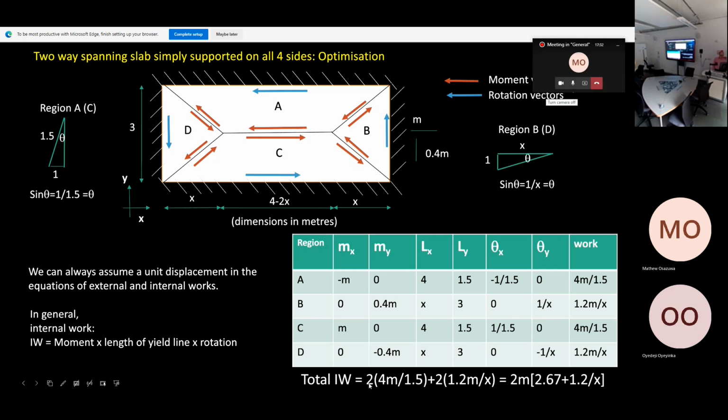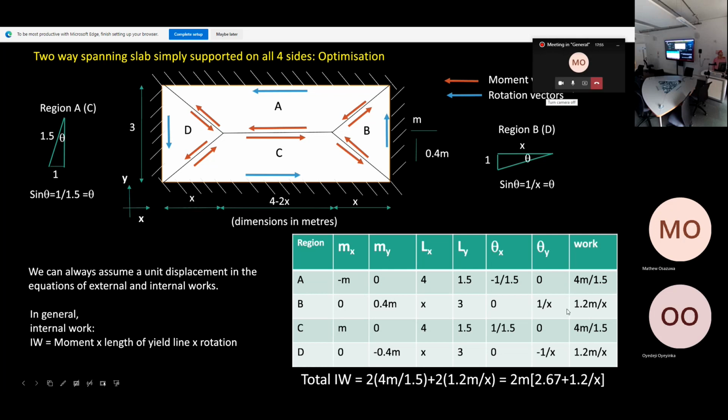And the total internal work is twice 4m over 1.5 plus twice 1.2 m over x. And if you simplify, you get 2 times m times (2.67 plus 1.2 over x).